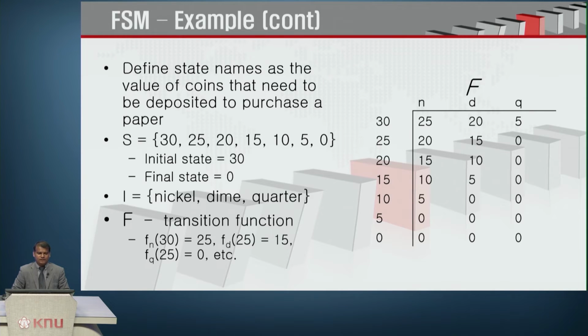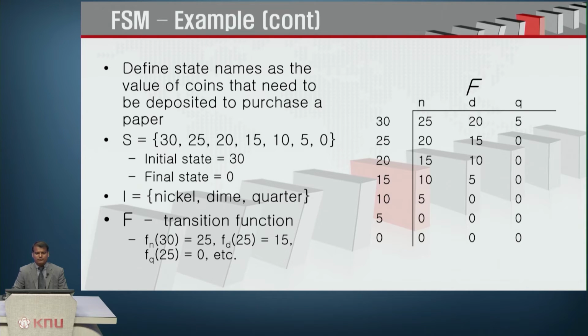And the transition functions: f sub n of 30 equals 25, f sub d of 25 equals 15, f sub q of 25 equals 0, and so on. So these are some of the functions that we can think about. On your right you can see this table that defines how the transition happens from one state to another state, where n, d and q represent the nickel, dime and quarter.